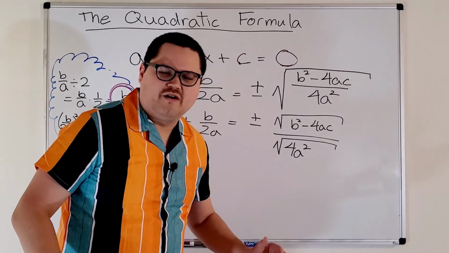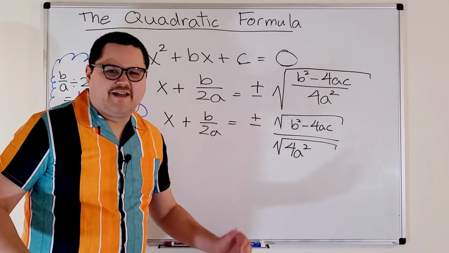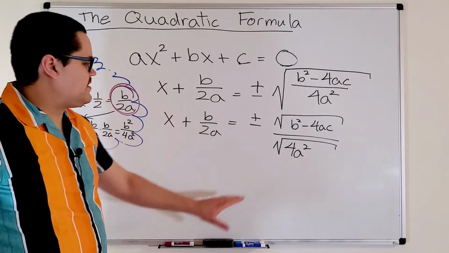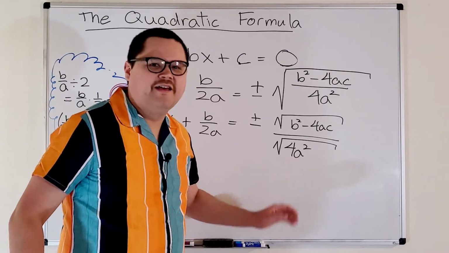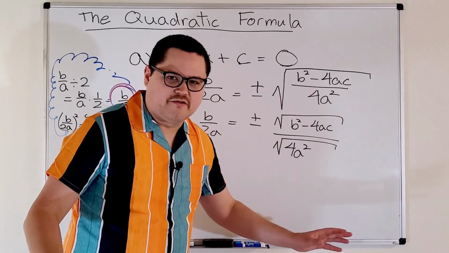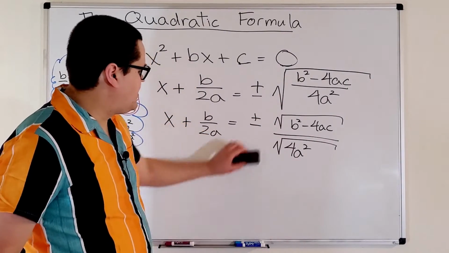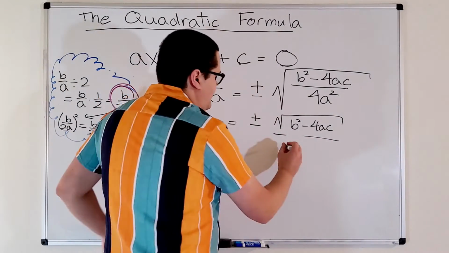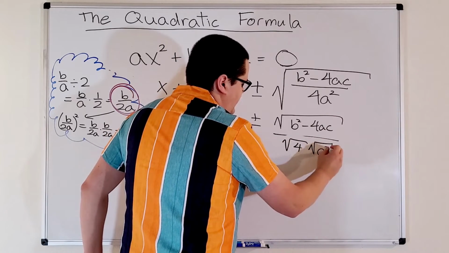Okay, so what is the square root of 4a squared? Well, again, the square root distributes over this multiplication here. So the square root of 4a squared is the same as the square root of 4 times the square root of a squared. And this denominator is just the square root of 4 times the square root of a squared.